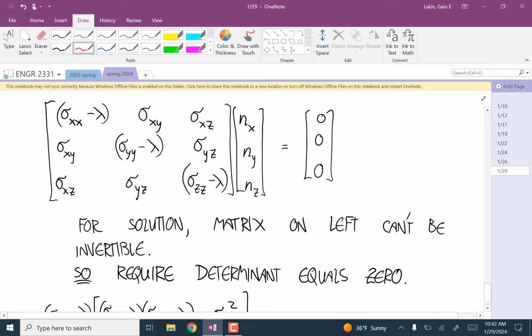So first we're going to go sigma xx minus lambda times the subdeterminant of this matrix. And then we're going to go negative sigma xy times the determinant of what's left here.